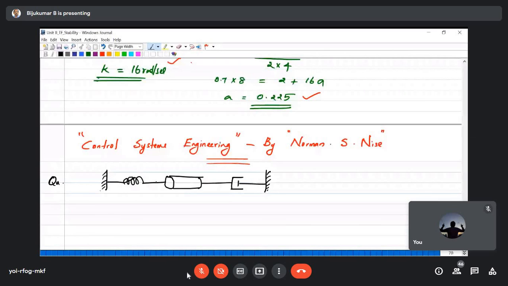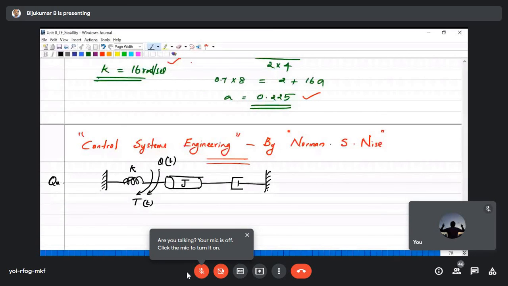Suppose the applied torque is T(t), angular displacement is theta(t), J is the moment of inertia, K is the spring constant, and B is the viscous coefficient.